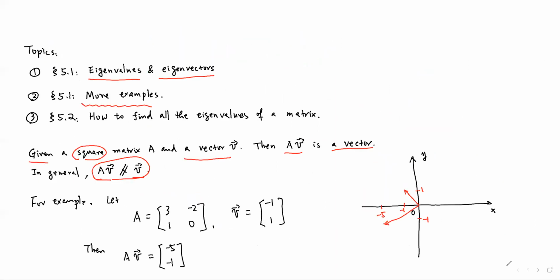Topic 3 is a topic from section 2. In this topic, I want to answer this question: how to find all eigenvalues of a matrix? Okay, now let me answer this question.